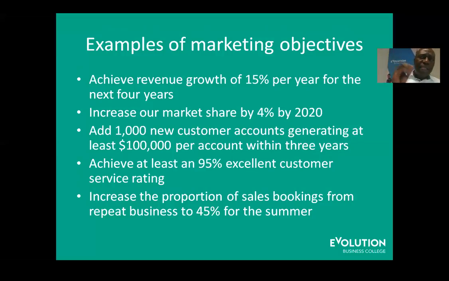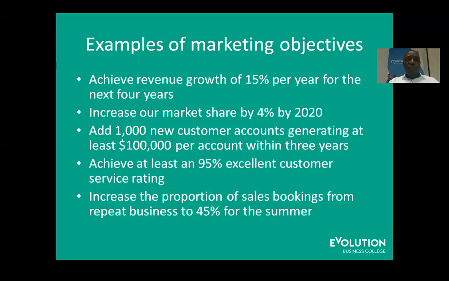They're saying, this year, our aim is to achieve 15% revenue growth, or we want to increase our market share by 4% by 2020. As you can see, it's very specific, very targeted, and time bound. You've got the year, 2020, and it's 4%. It makes it clearer to those following, managing and making decisions.